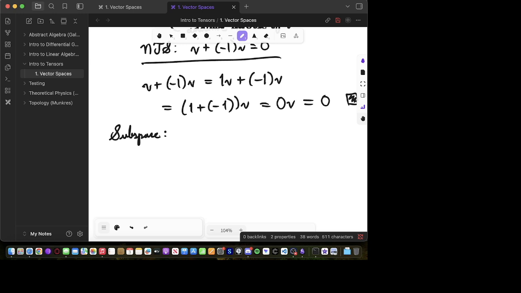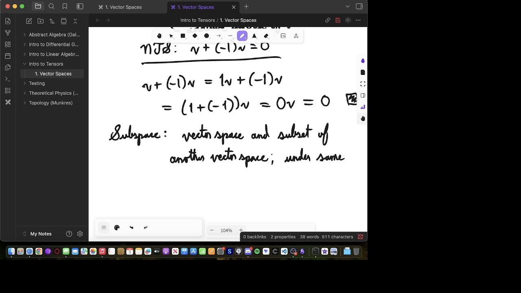So a subspace of a vector space is a vector space that is a subset of another vector space. It must be a vector space under the same operations defined on its superset.